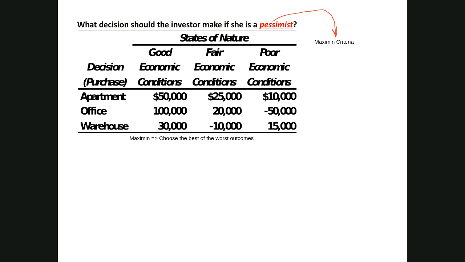And so you think the worst is going to happen, and so therefore you want to choose the best of the worst.